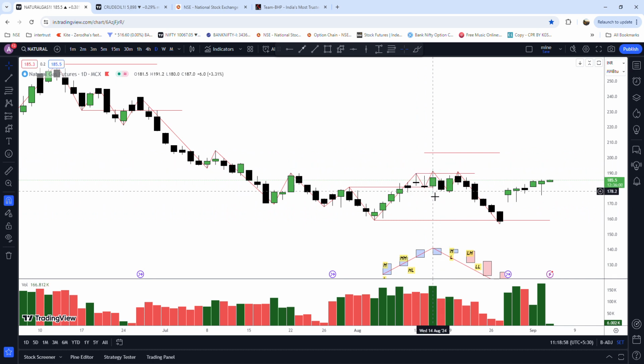But what has happened here? Price tried to break this high, came down, and what did price do? It broke this low that was created here, this particular low. See, price came up from here, broke this last high, made a lower low, then on the 14th of August it made a higher high, higher low.